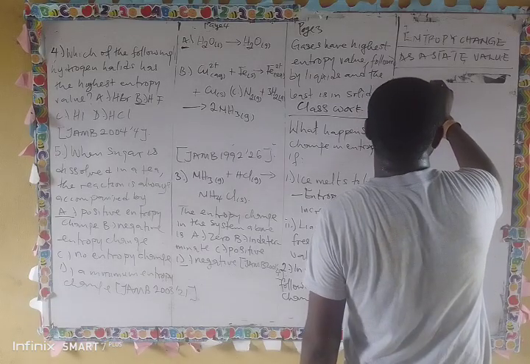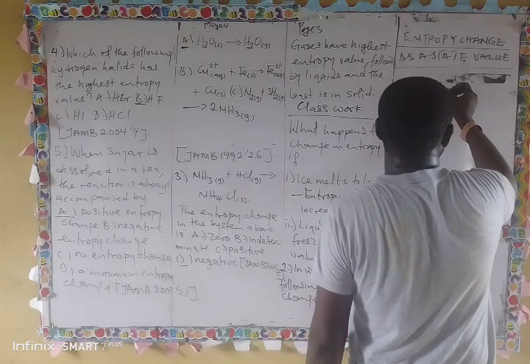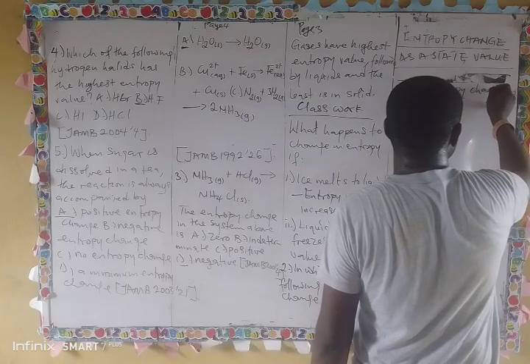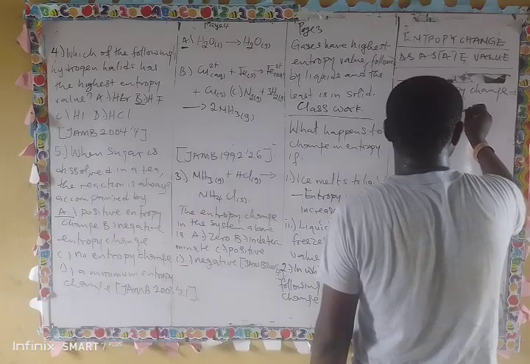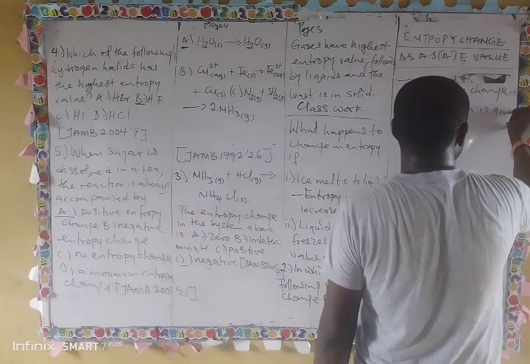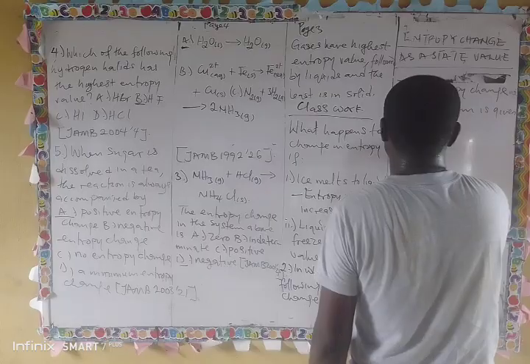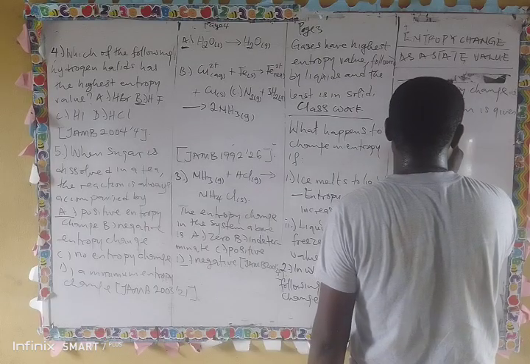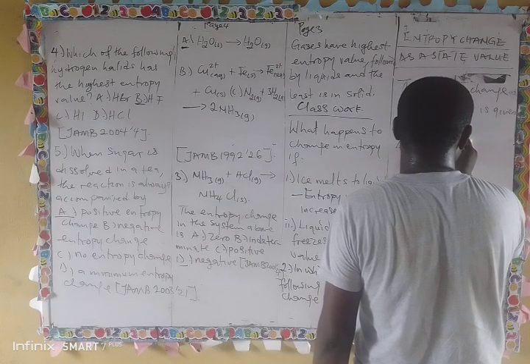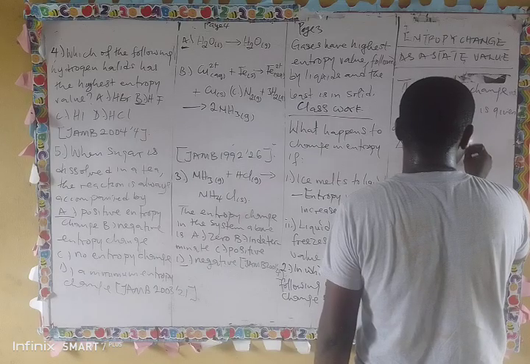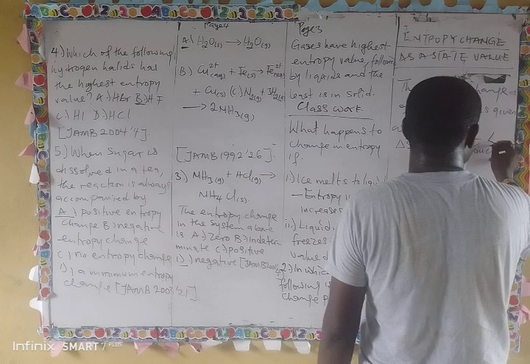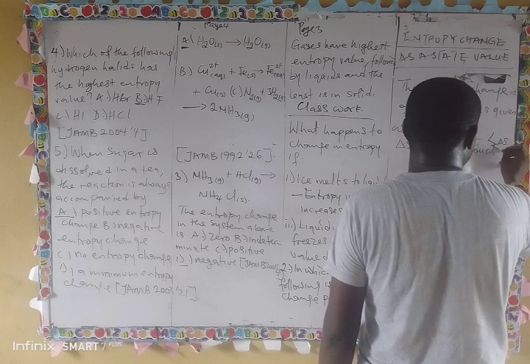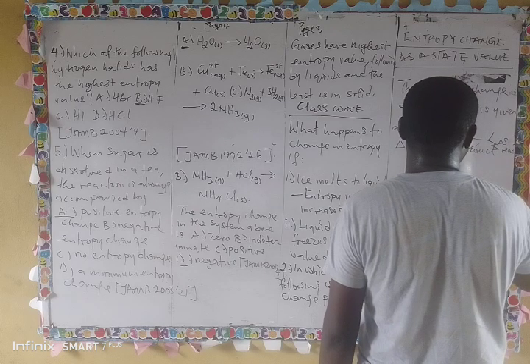The entropy change of a system is given as delta S equals the summation of entropy of products minus the summation of entropy of reactants.